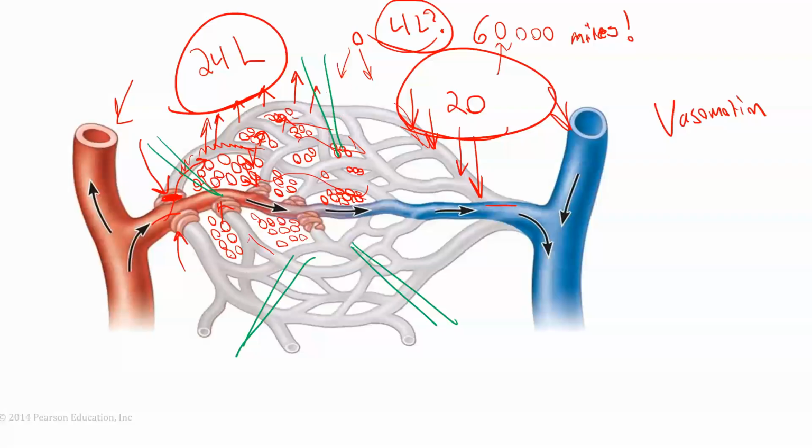So these capillary beds usually have some lymphatic capillaries in here, and they're a little bit different because they have these end of the line terminals, and their job is just to seep and collect, or to wick up and collect that 4 liters a day.